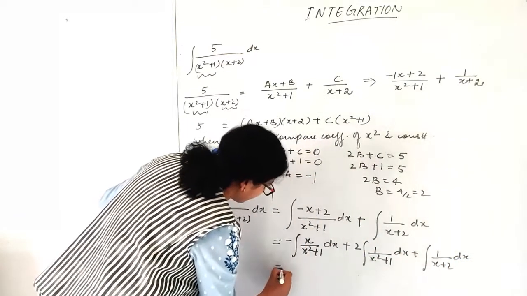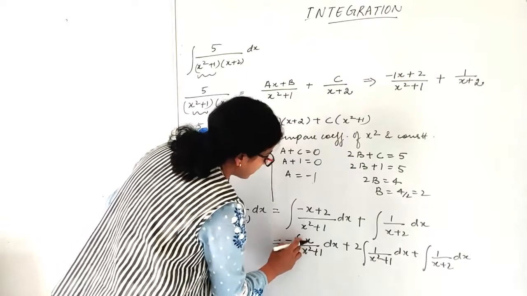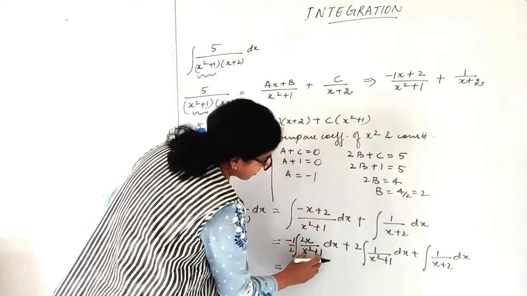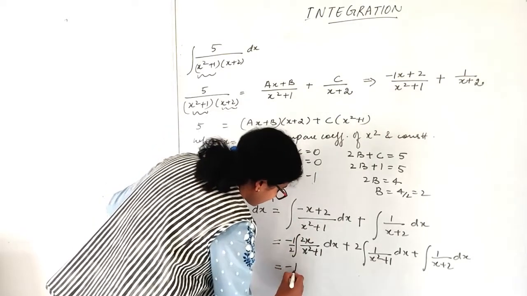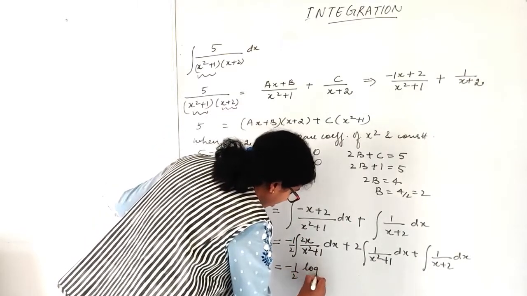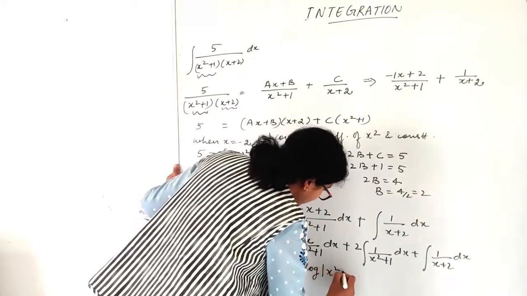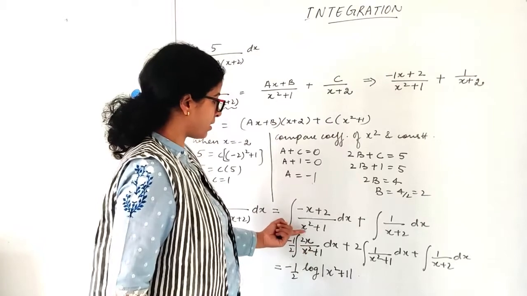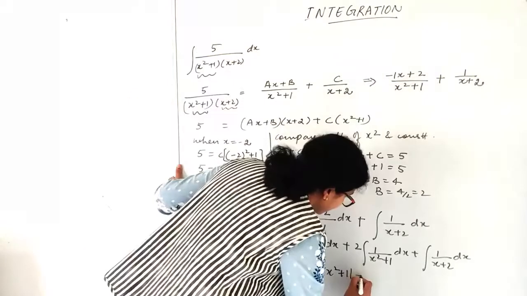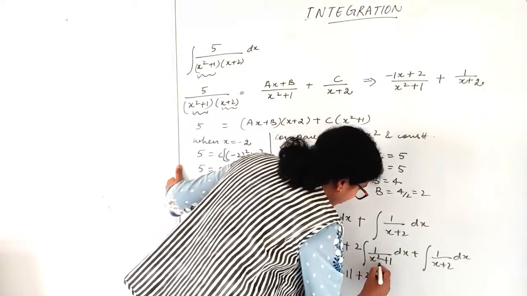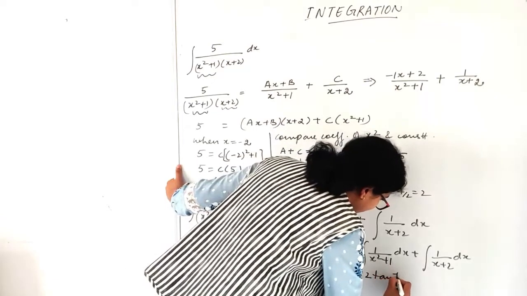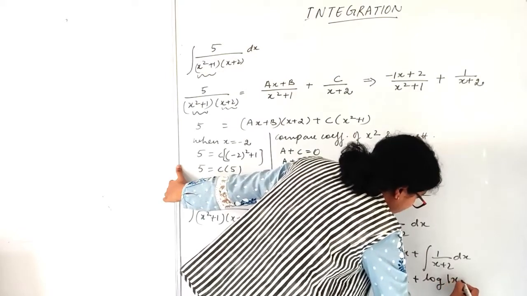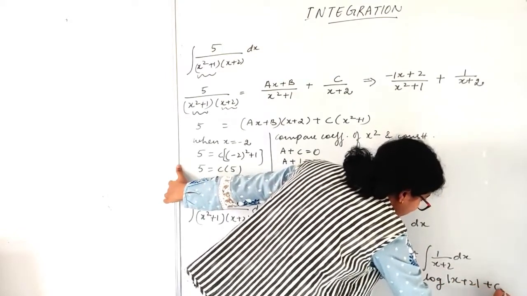If you assume x square plus 1 as t, you have the derivative up, so you can multiply here 1 by 2 and 1 by 2. So x square is t, so 2x. So I can directly write half log of (x square plus 1). Correct? Or you could have taken this denominator as t, then log t. And this, we know, is the integral giving tan inverse x, and this is log of (x plus 2), plus c.